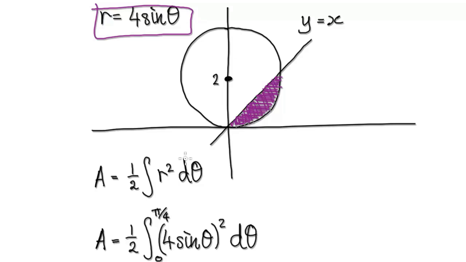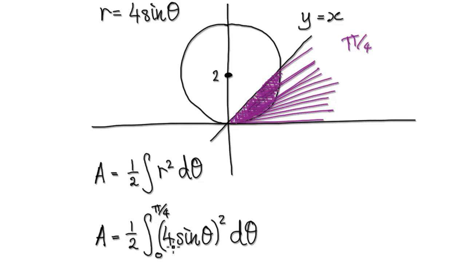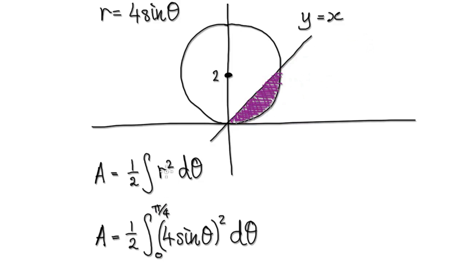So now to work out the area, remember we are integrating from an angle of 0 to pi over 4, which is 45 degrees. Looking at the r, we need to put this into the r here.